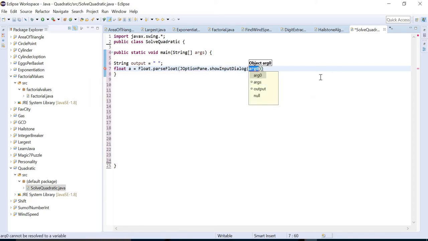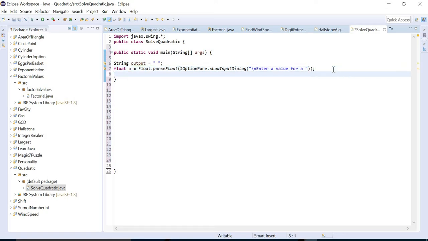Dialog, yeah. "Enter a value for a." Okay, and the quotation, semicolon at the end.